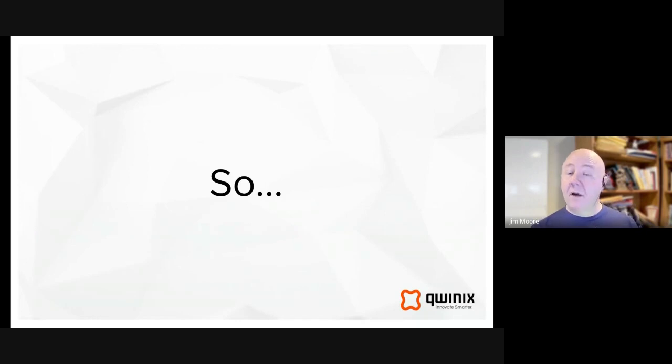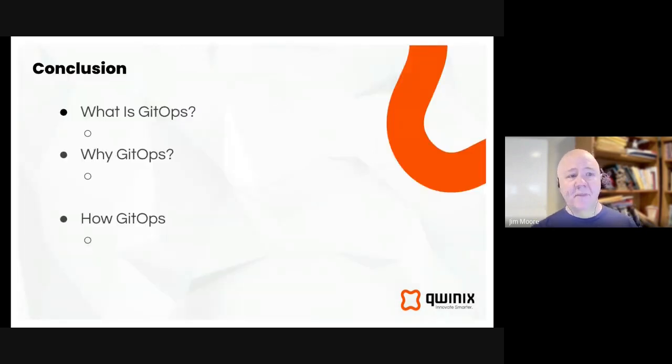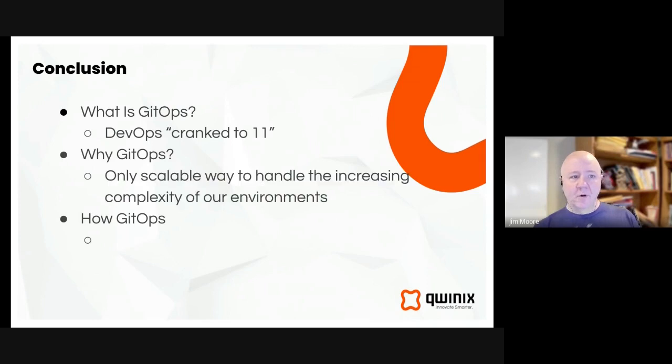So finally, what is GitOps? It's DevOps cranked to 11. Really pushing the ideas that were initially put forward for DevOps. And it's in many ways the culmination of what the original founders of DevOps were going for.